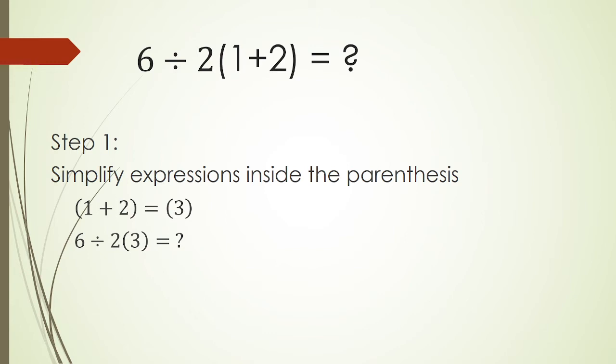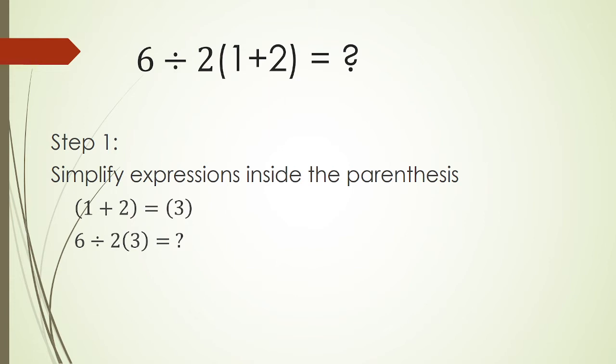Okay, let me zoom in on the first problem that I featured here. So it's 6 divided by 2, open parenthesis, 1 plus 2, close parenthesis. And this can also be mathematically read as 6 divided by 2 multiplied by the quantity of 1 plus 2. So the parenthesis there also denotes multiplication.